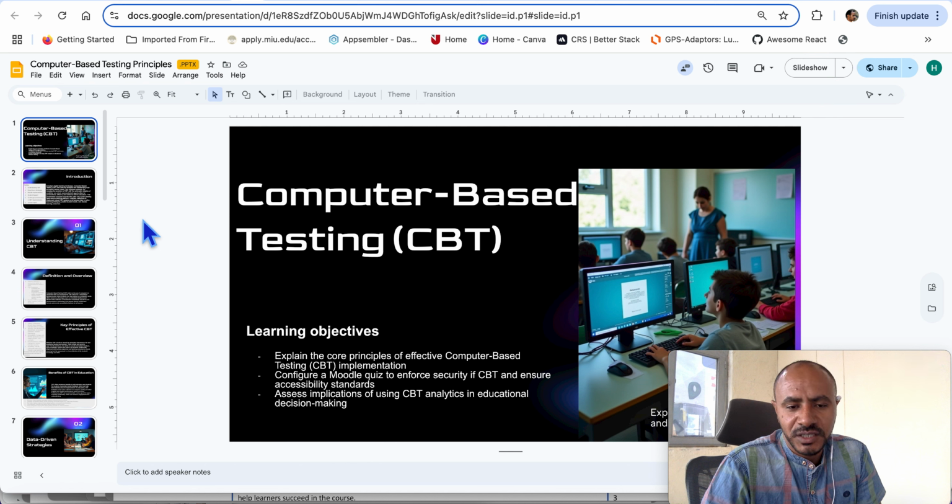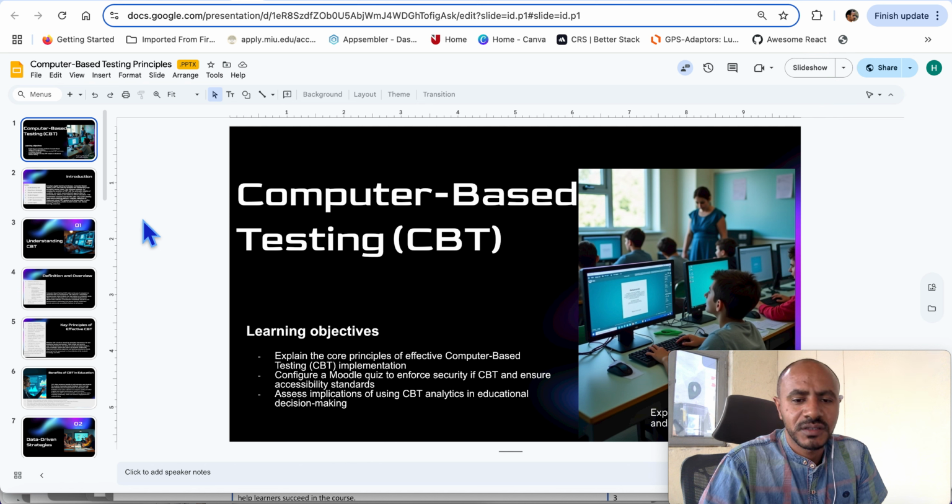and ensure accessibility standards. There are things that we should consider when conducting CBT. We should adhere to certain academic and institutional policies, so we will explore those in this section. And thirdly, what is the implication of introducing computer-based testing into our institution or any higher academic institution?